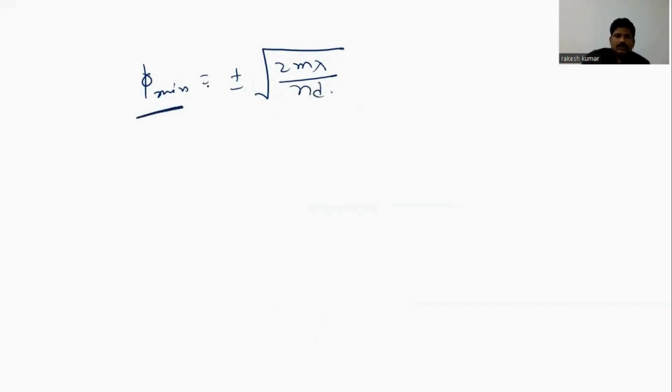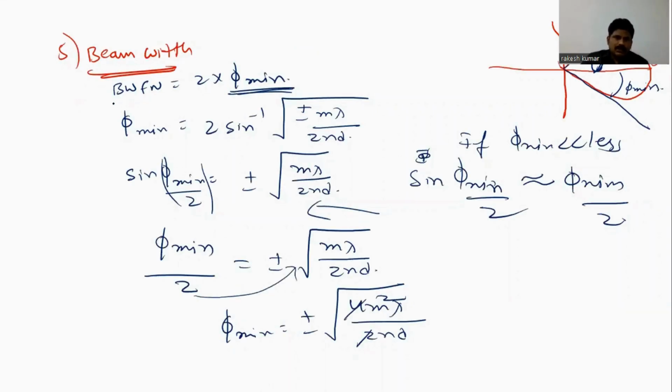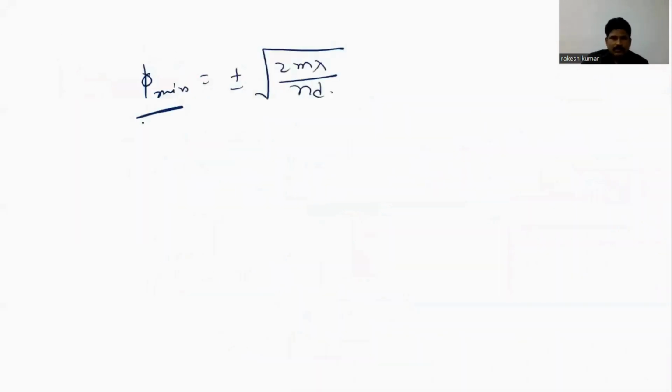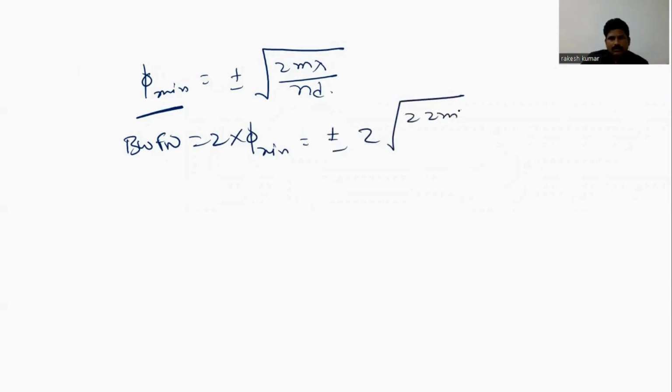Now what is the formula for the beam width? Beam width is nothing but 2 into phi minimum. Therefore, the beam width between first nulls is equal to 2 into phi minimum, that is equal to plus or minus 2 into root of 2m lambda by nd.